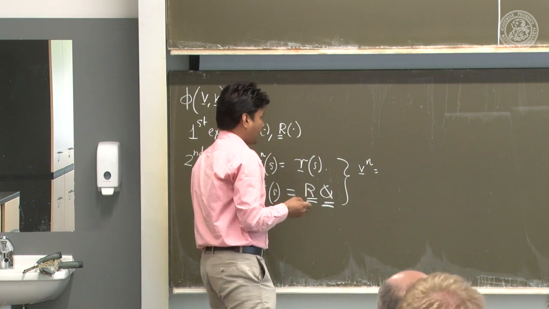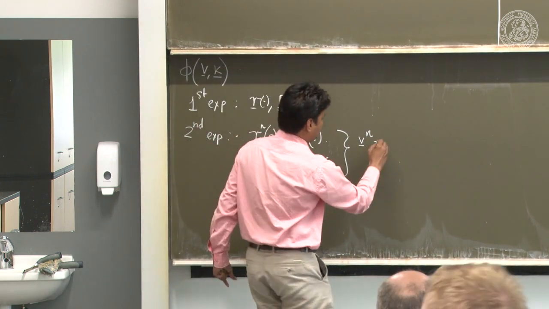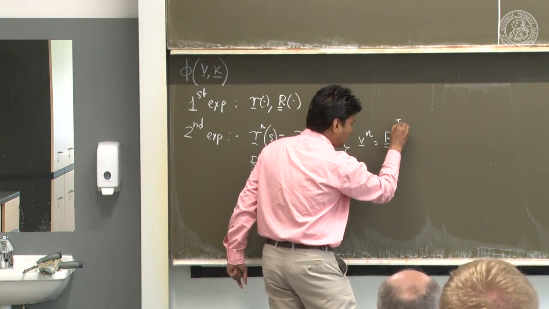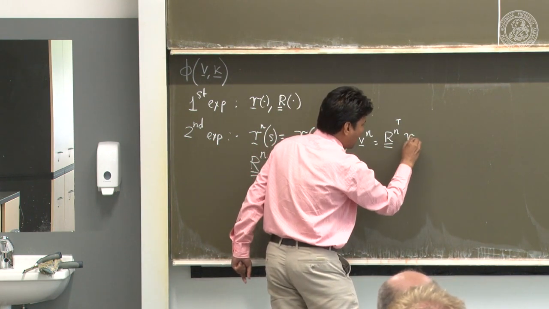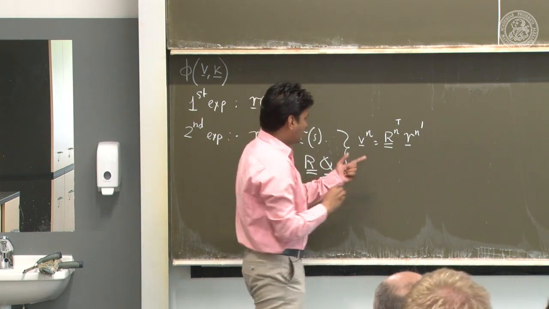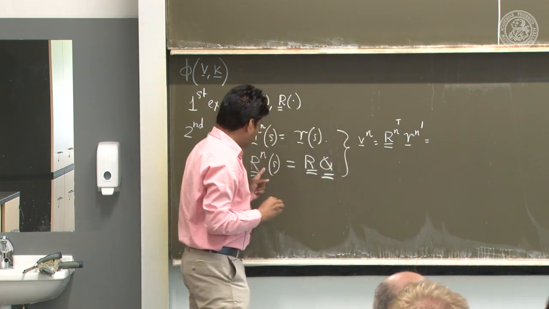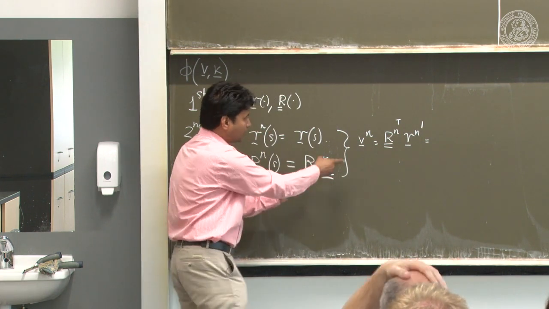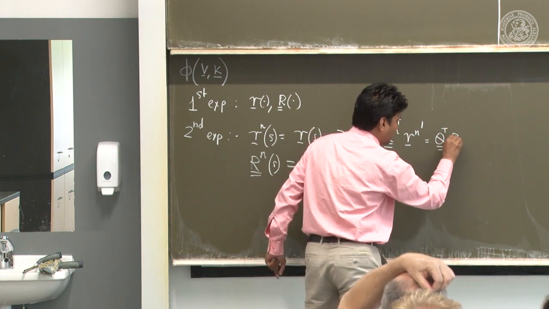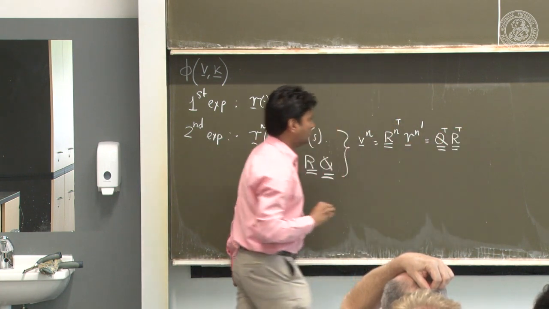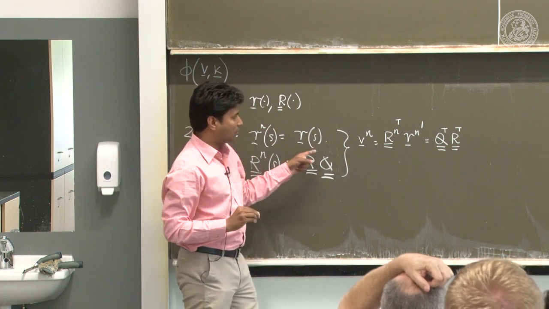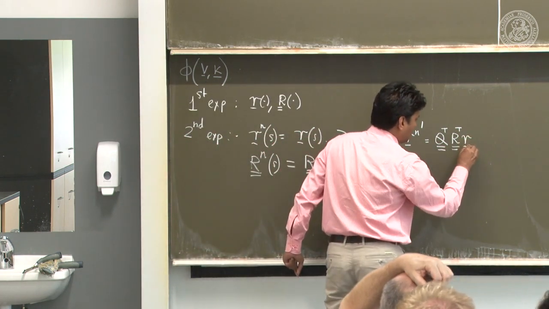V new is simply going to be rotation new transpose times little r new prime, which is the same as big R new is big R times Q, take its transpose, so it becomes big Q transpose times big R transpose times little r new prime, but little r new is the same as old r, so it is the same as little r prime.